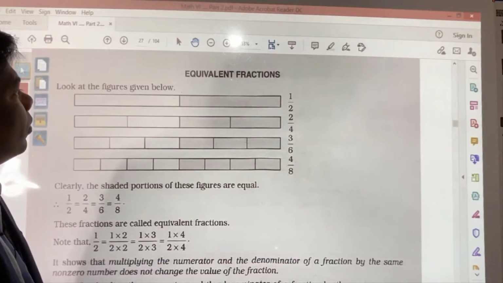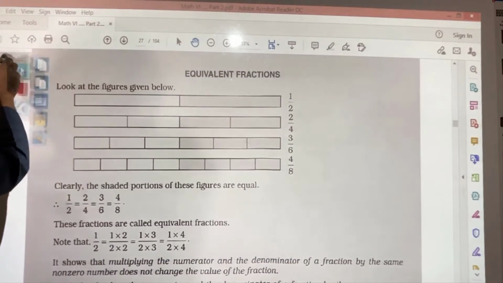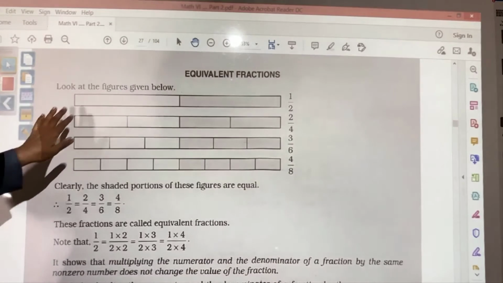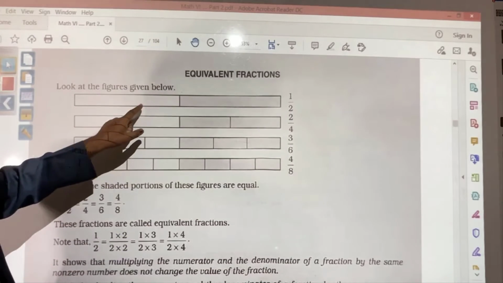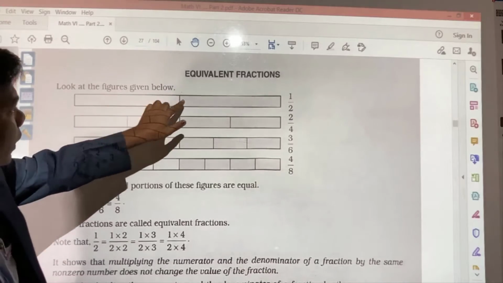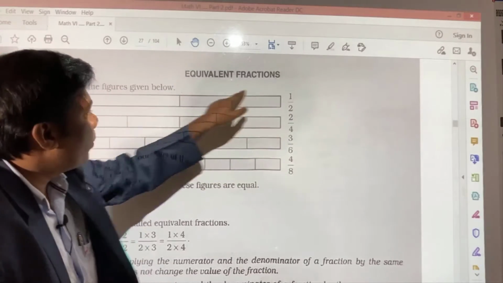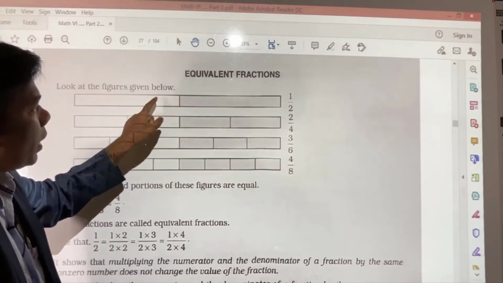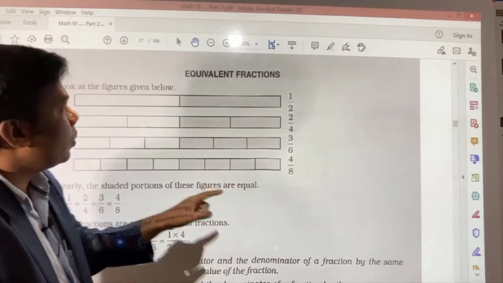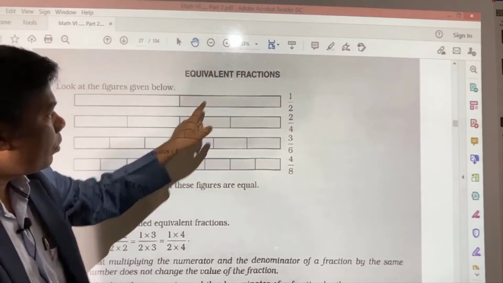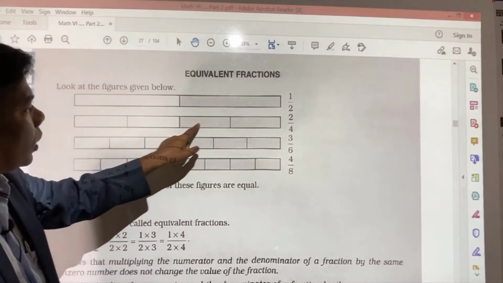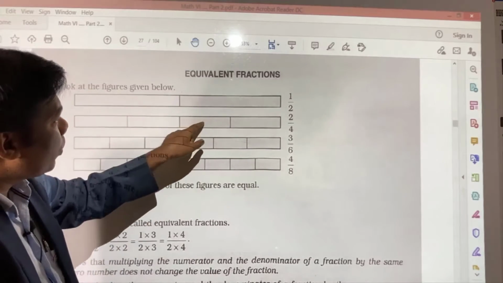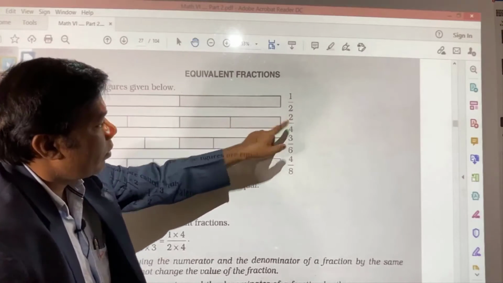Here we have equivalent fractions. In the book, look at the figures given below. This whole portion has been divided into 2 equal parts. That can be written as 1 by 2. The same portion has been divided into 4 equal parts, and this shaded portion is 2 by 4.